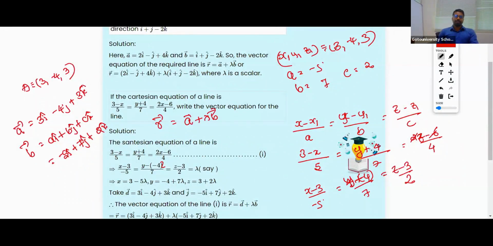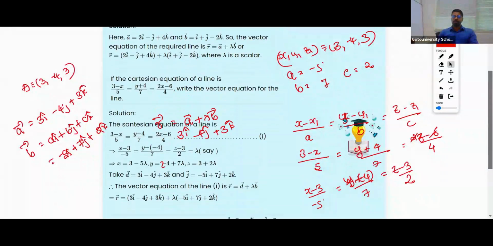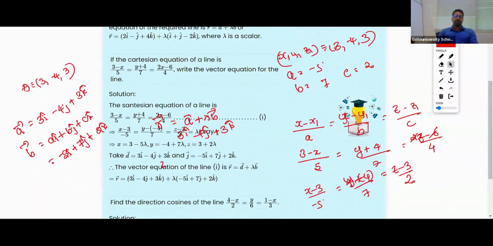If you want to write that, it is simply 3i minus 4j plus 3k, plus lambda times minus 5i plus 7j plus 2k.